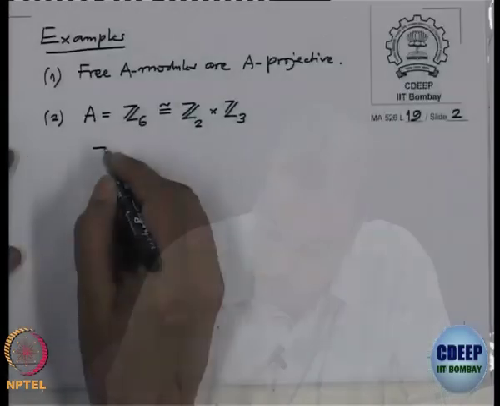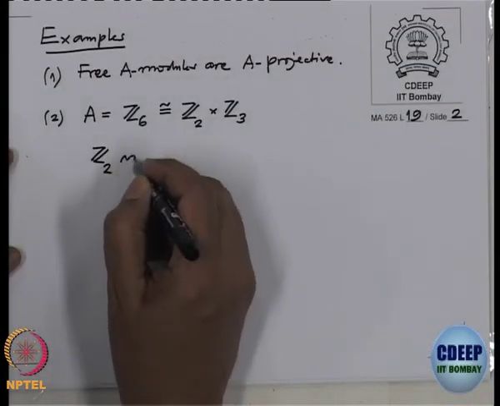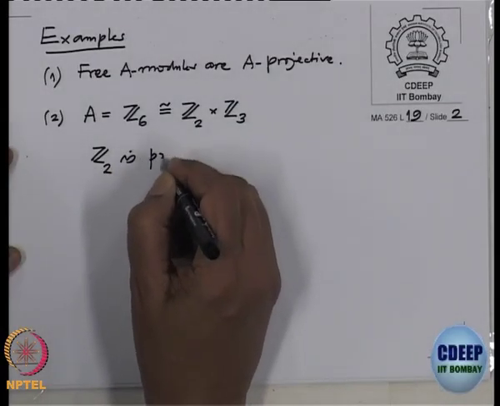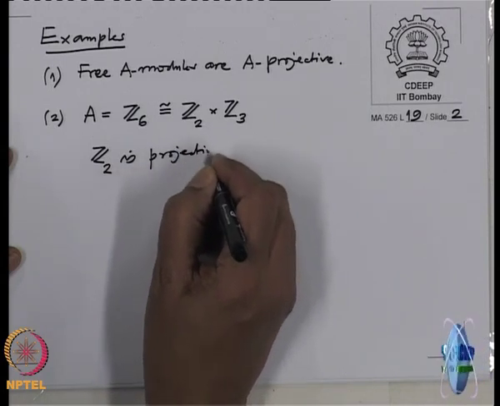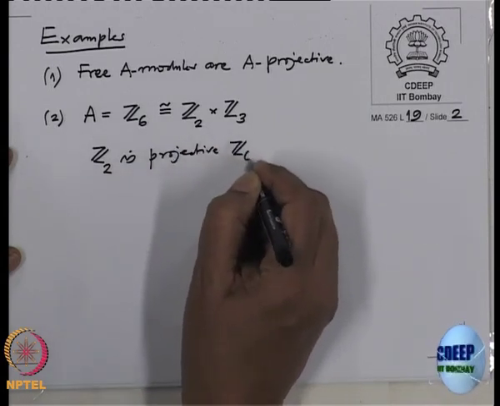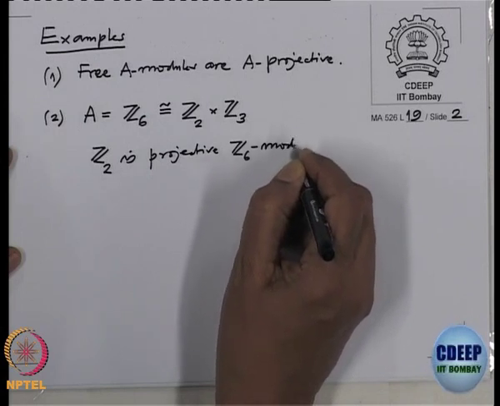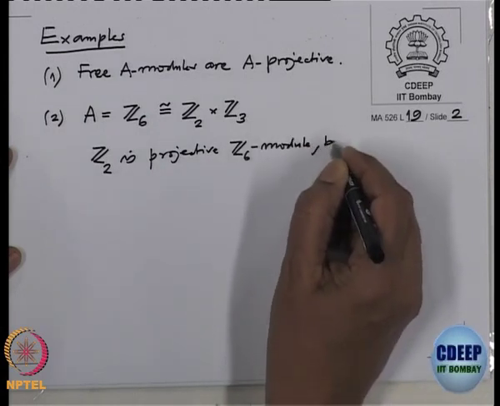So, in this case it should have at least cardinality 6, but it has only 2. So, therefore, Z mod 2 is a projective Z mod 6 module, but not free.